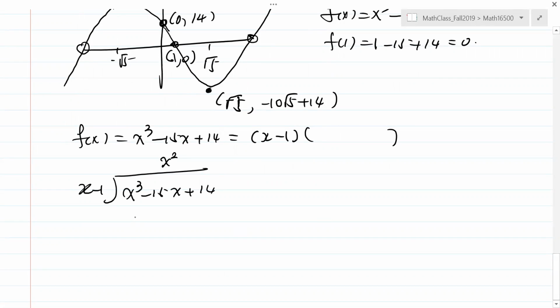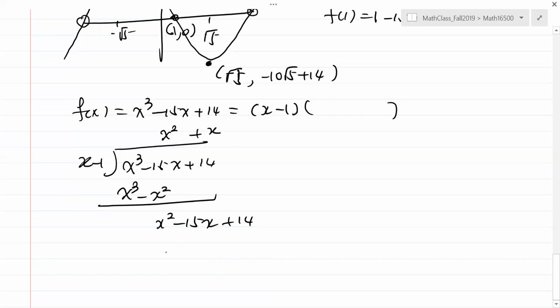So you put x squared here, x cubed minus x squared, and you take the difference. You get x squared minus 15x plus 14. Then you put the x here, then x squared minus x, and do subtraction. And then you put in minus 14.